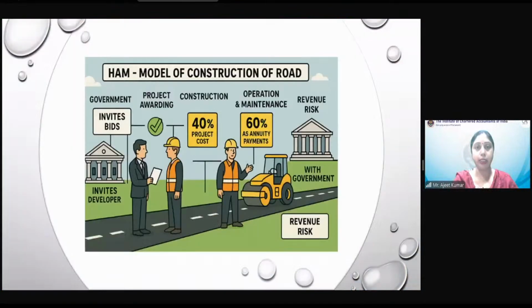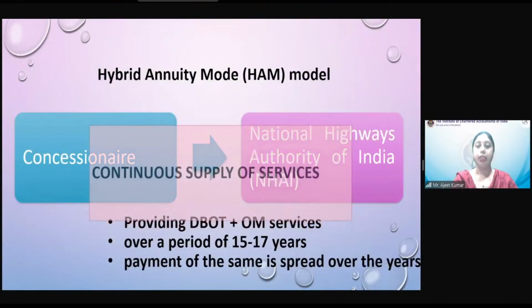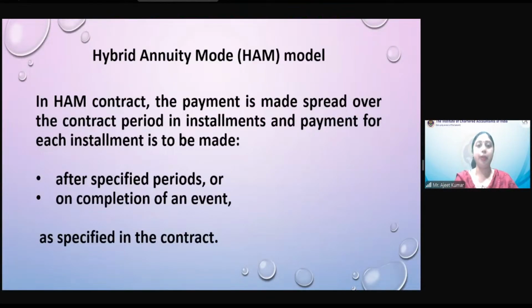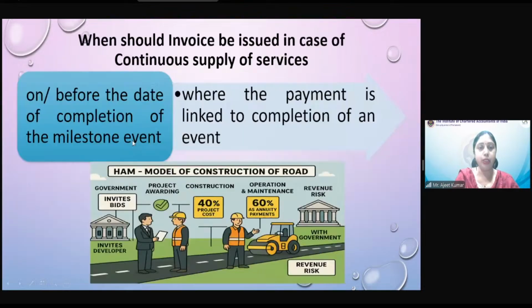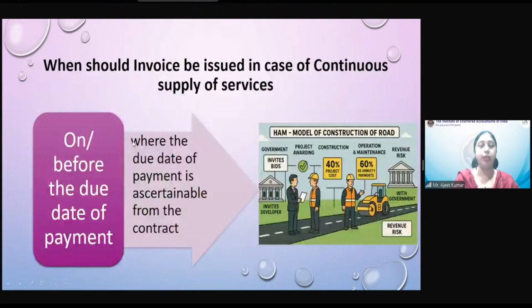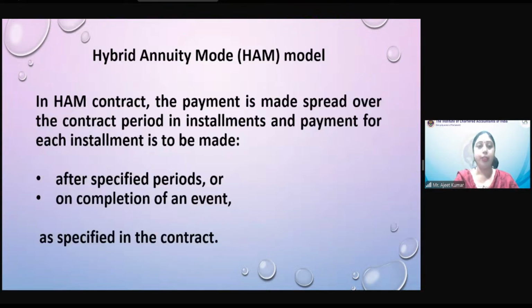Let me come to the hybrid model. It says that payment is either made on a specified due date or on completion of an event. That means 2 clauses of the invoice provision in Section 31 are attracted. First, where the due date of payment is ascertainable. Here you know the due date because payment is made after a specified period.